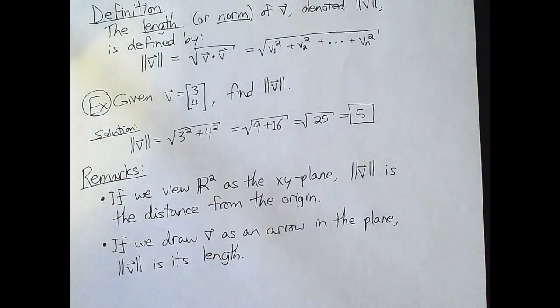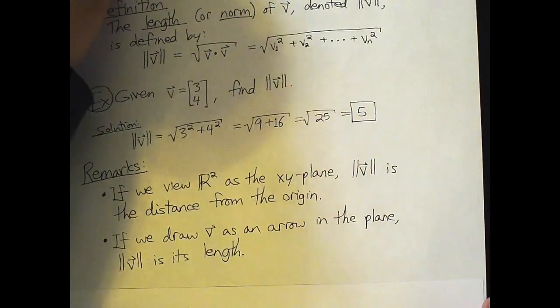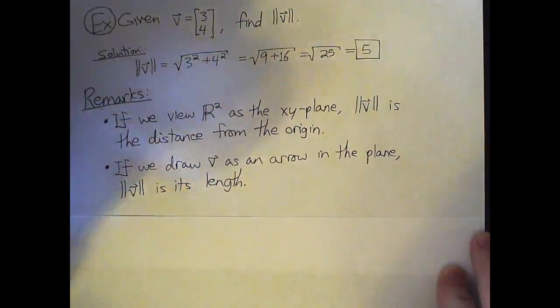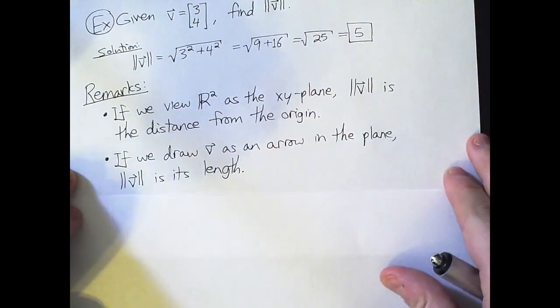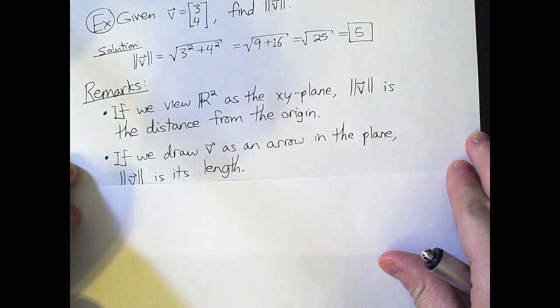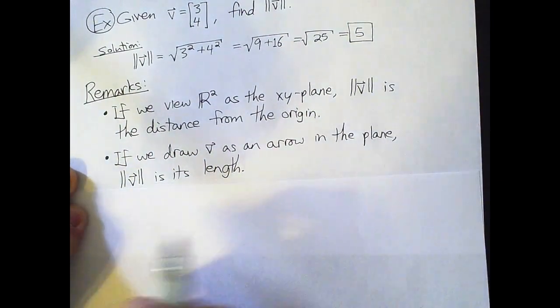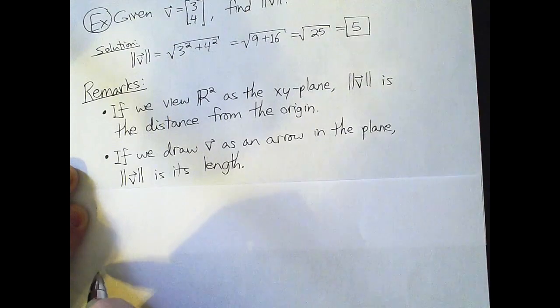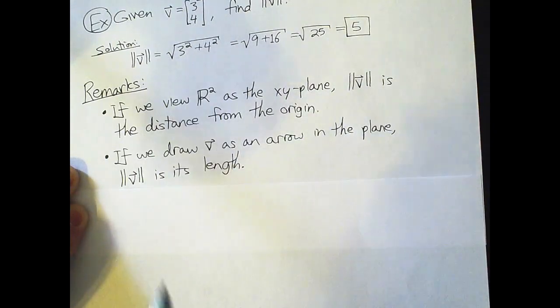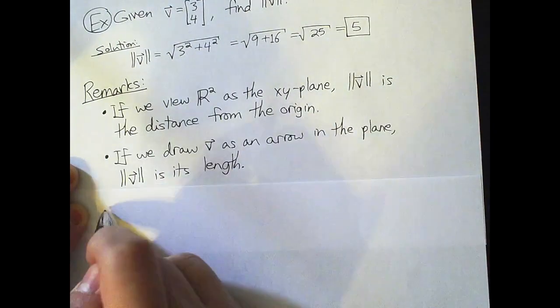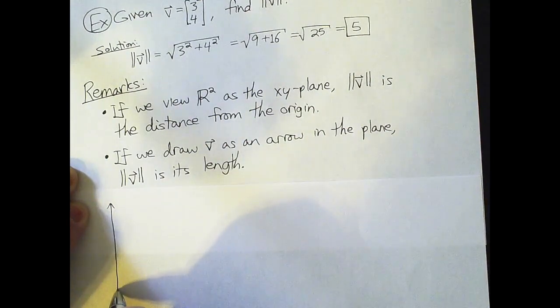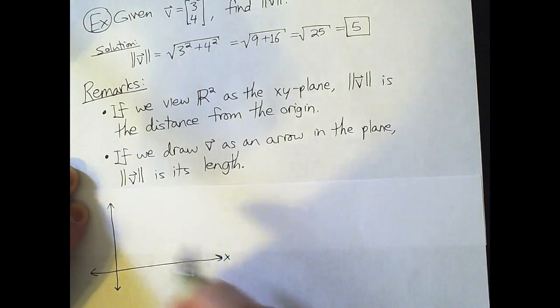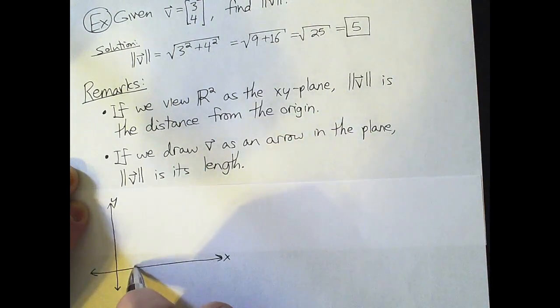So let's draw a quick picture of the example that we just did. I'll see if I can leave it on the screen. I guess this would be in quadrant 1 because both of the coordinates are positive. So xy plane, but I only really need to focus on quadrant 1. X-axis, y-axis.